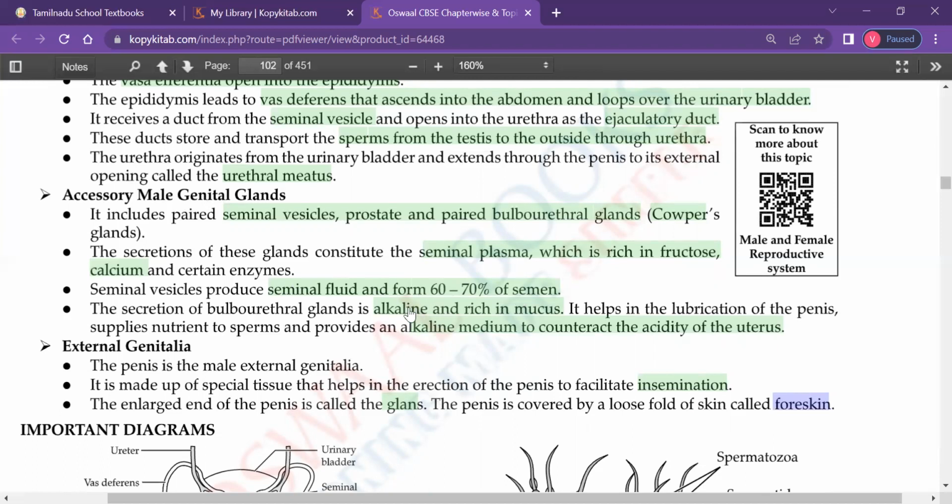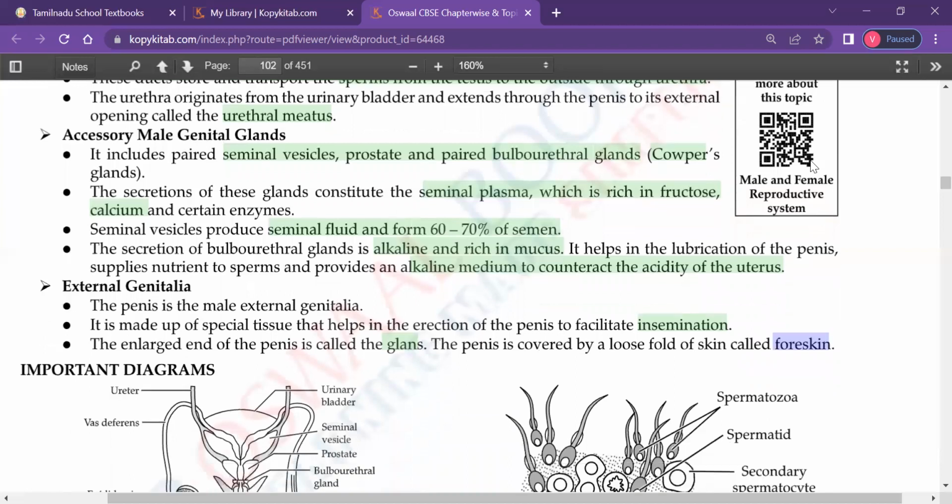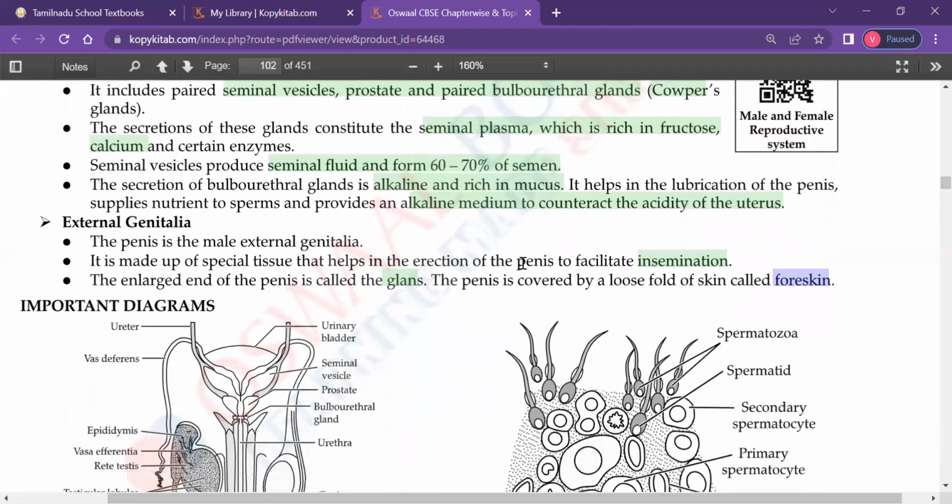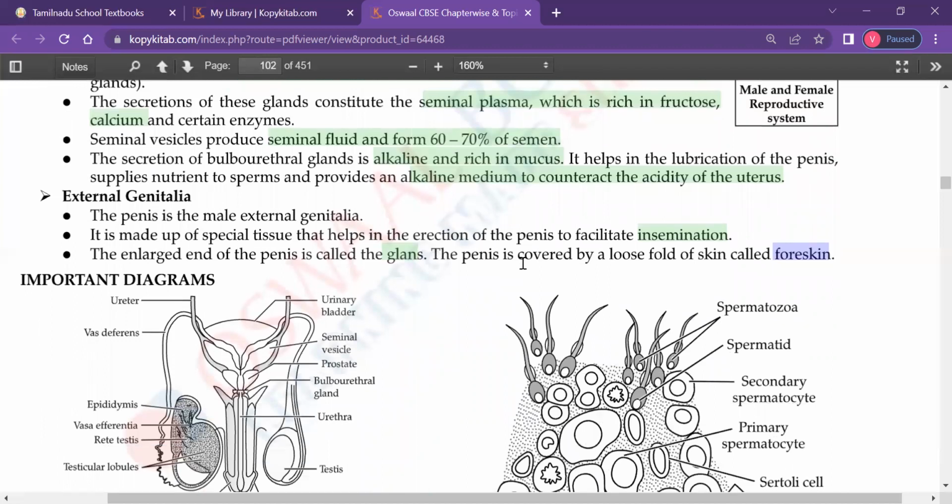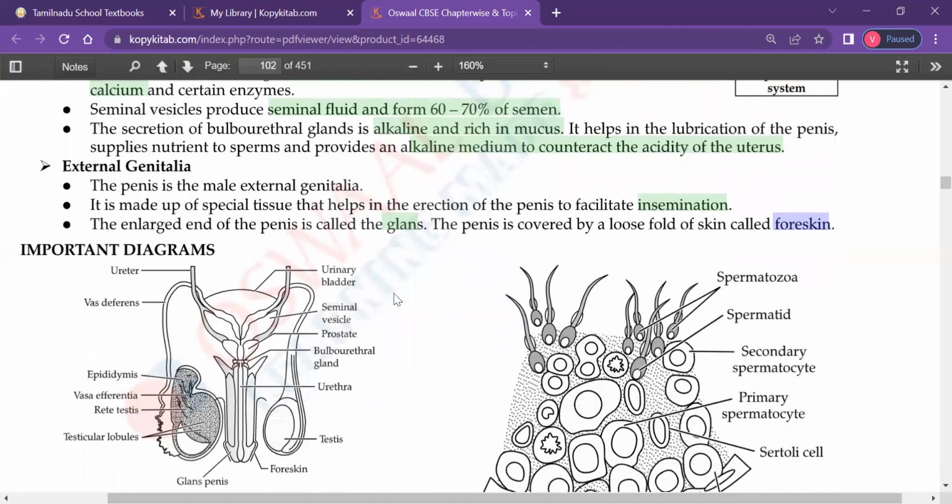The secretion is alkaline and rich in mucus. It helps in lubrication and supply of nutrients. Why is it alkaline? It has to provide support because the uterus, the female reproductive tract, would be acidic. So it has to neutralize. For that, we use this.